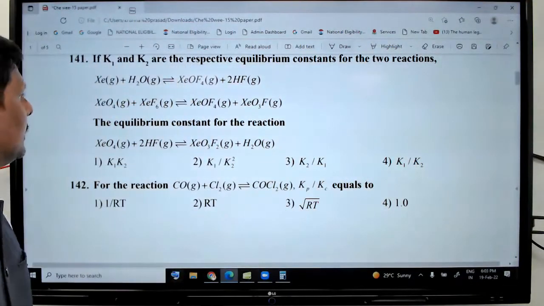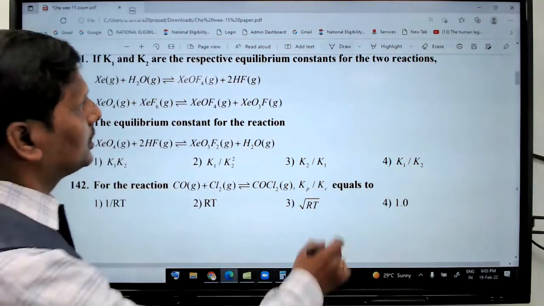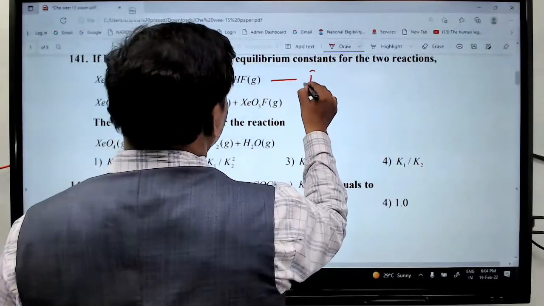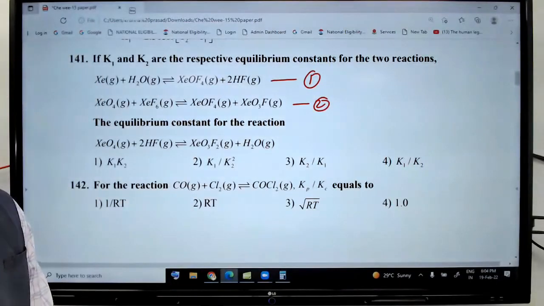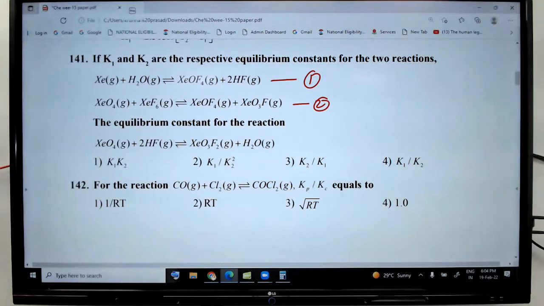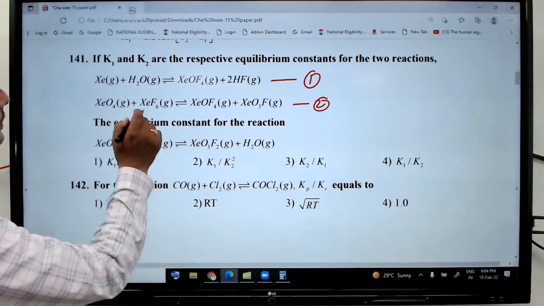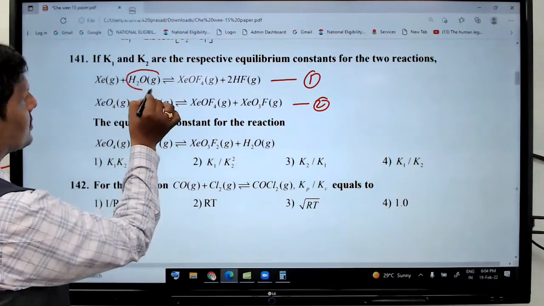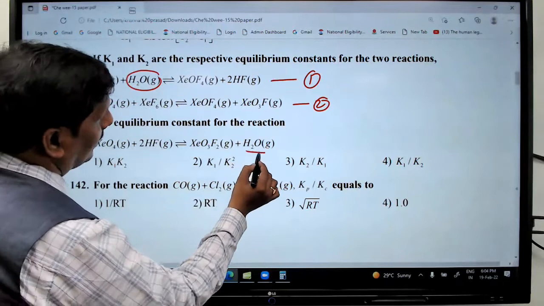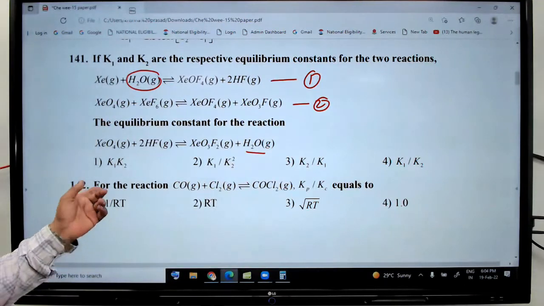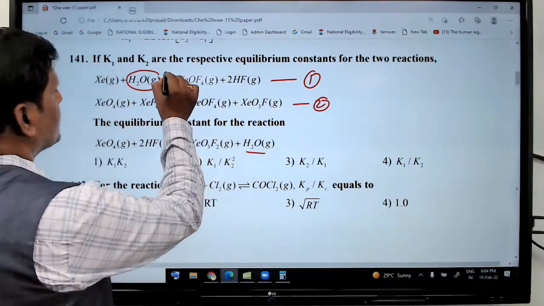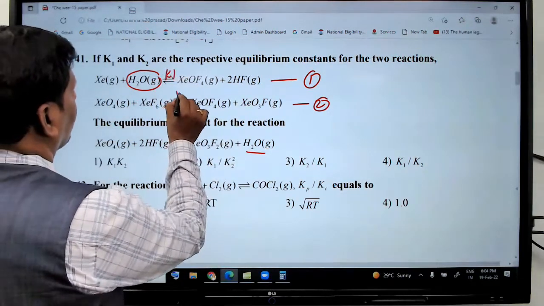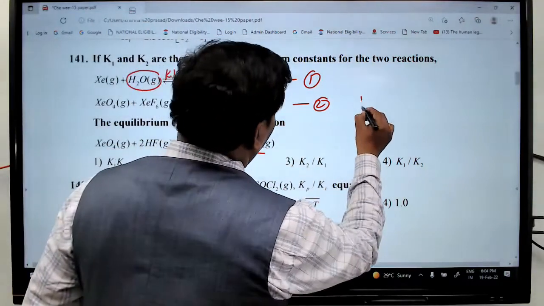Question number 141. Okay, this is equation number 1, this is equation number 2. From 1 and 2 I will get this equation. In equation 1, the water molecule is on the reactant side, but in the required equation it is on the product side, with the same number. That means equation 1 is reversed. Suppose this is K1 and this is K2. Equation 1 is reversed, meaning 1 by K1.